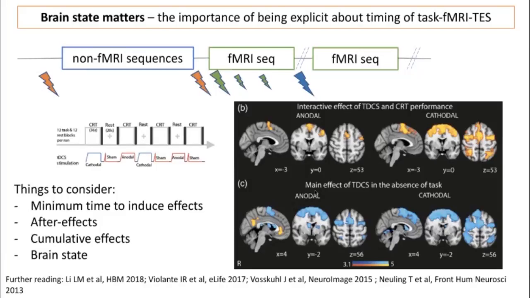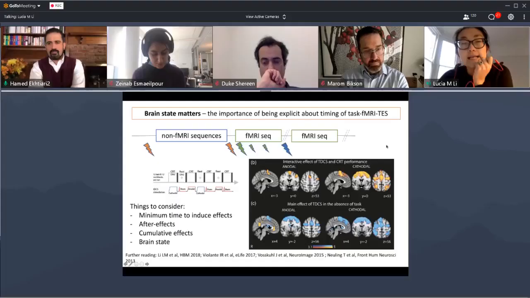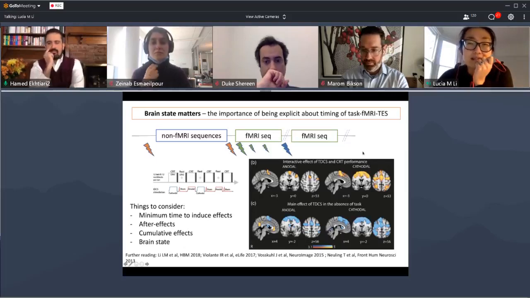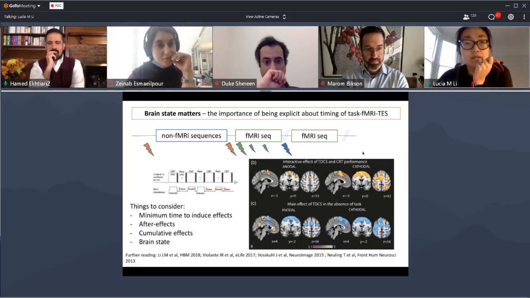You might be doing a resting scan, you might be doing a task, and at some point you will want to do some stimulation, and essentially you're trying to ask what the effect of that stimulation is on brain function. I've laid out some very common things that I've seen in the literature as part of doing this paper and these reviews.